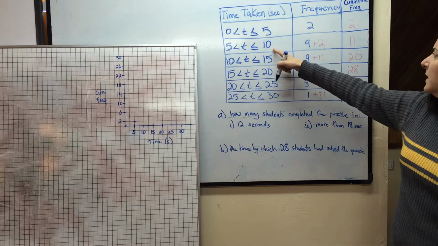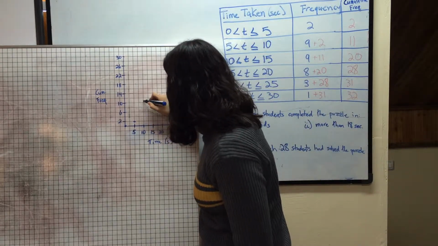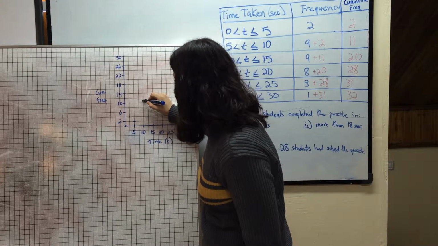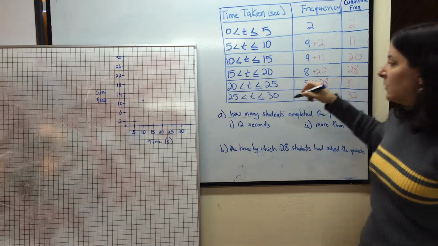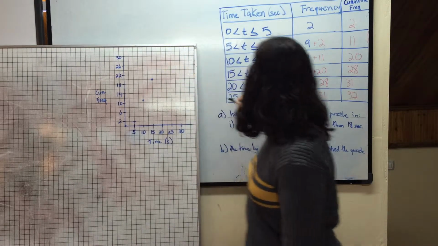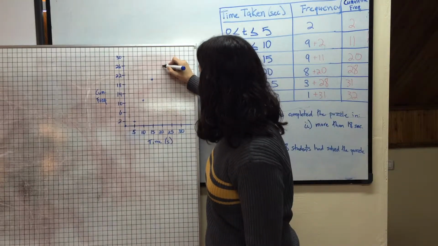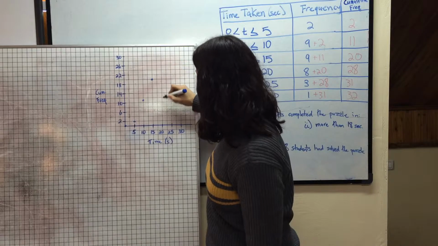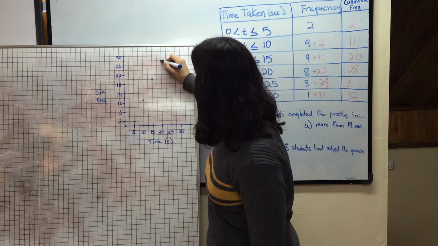Then we look at the next one, 10, 11. That would be halfway. We have the point 15, 20. We have 20, 28. I lost count here, 20, 28.